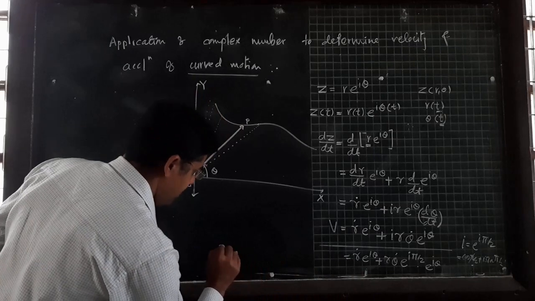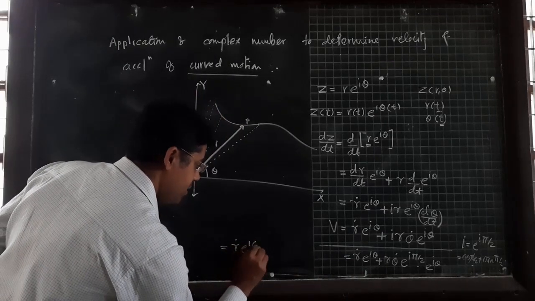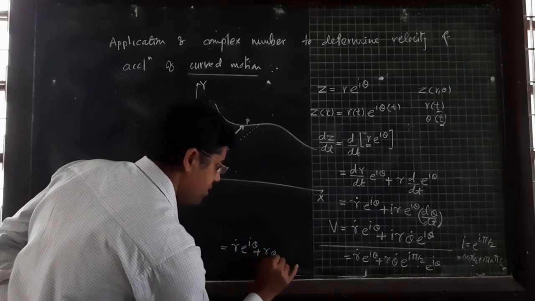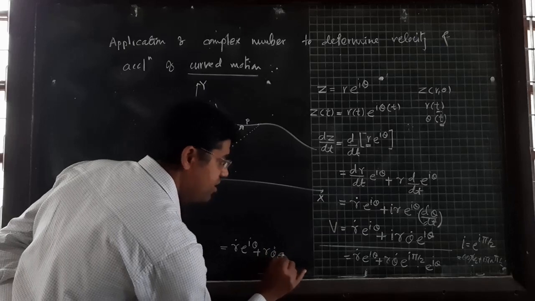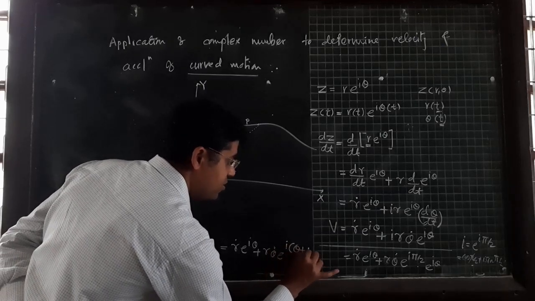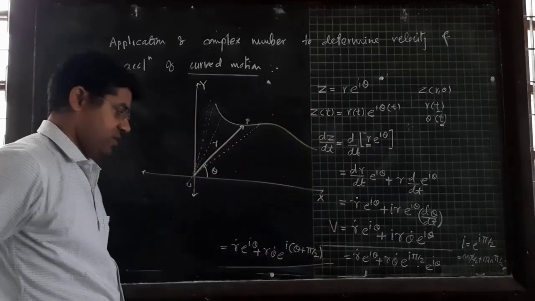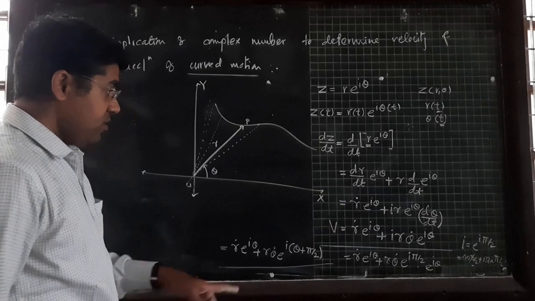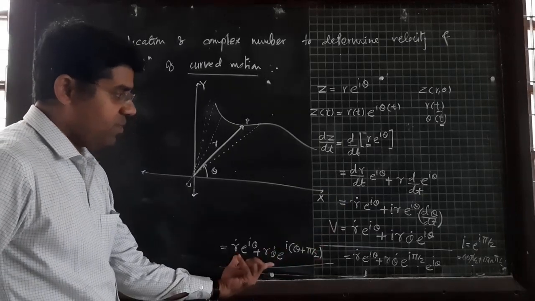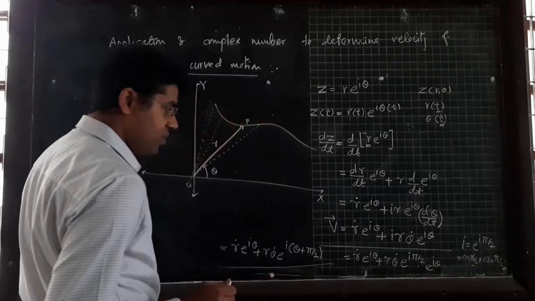This is r dot e raised to i theta plus r theta dot e raised to i theta plus pi by 2. So this is nothing but your velocity component, which is obviously a vector quantity.